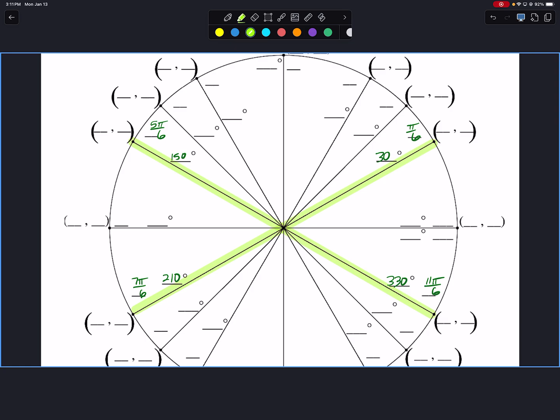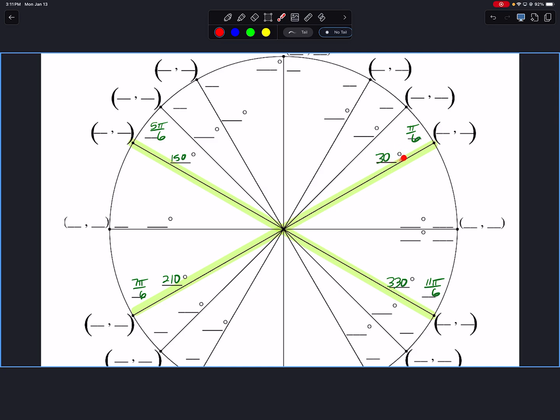Okay, this is going to follow a very similar pattern to what we just did. If we know what 30 degrees is, then we can find the other ones really fast. You guys follow me? Because aren't these all pi over 6s? So all of the coordinates are going to be the exact same. The only thing that's going to change is if it's positive or negative. So according to what we just did with the triangles, x represents what? Is x cosine or sine?